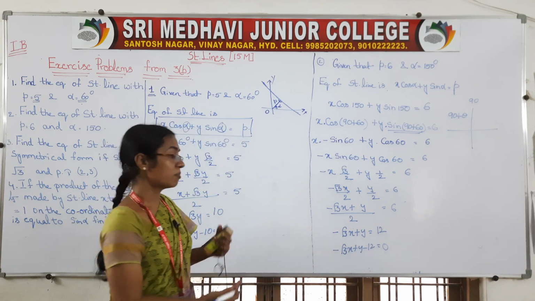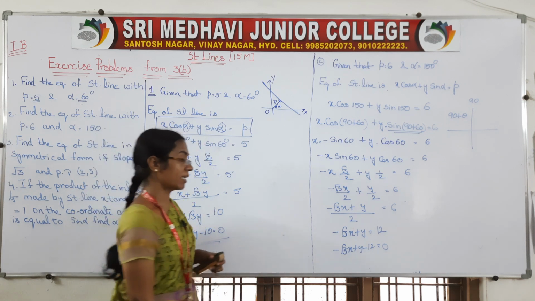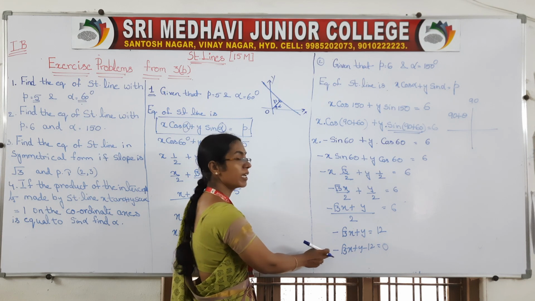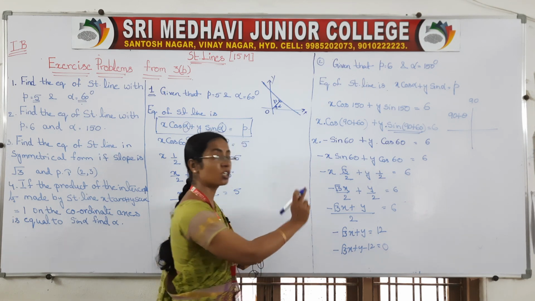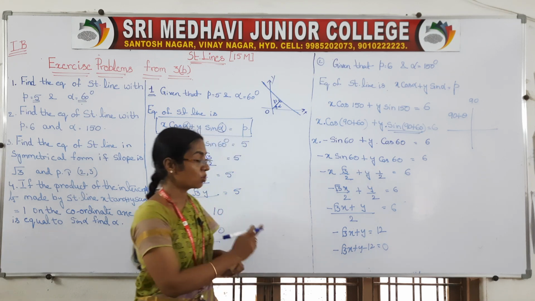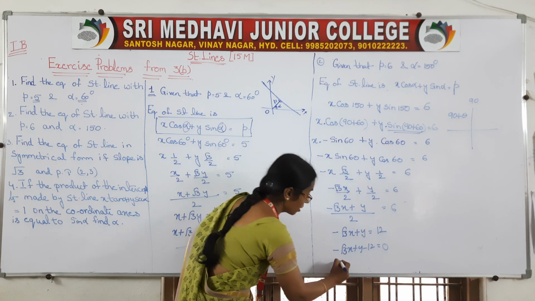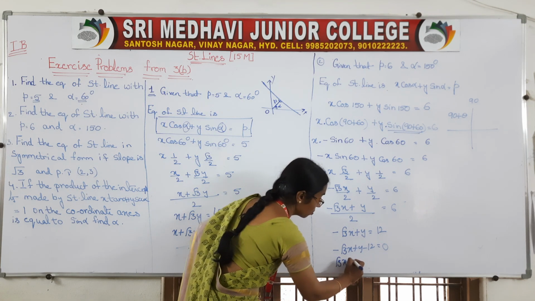Actually, a straight line equation means the x term should be there, the y term should be there, and the constant should be there. But girls, in mathematics, in every equation the first term should be positive. So here we have negative. Multiplying both sides with minus 1, your first term becomes positive, right?